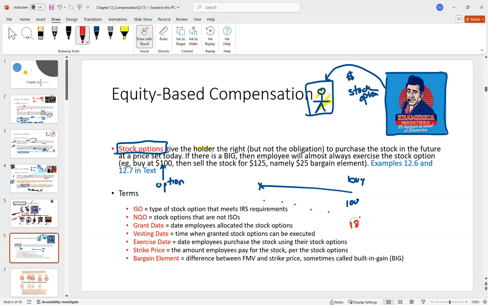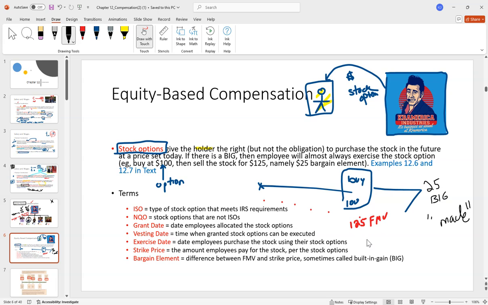But let's say right now that stock is trading on the open market at 125. Well, you can buy it for 100, sell it for 125. It has a built-in gain of 25. That's kind of the idea of what you made or could make on the stock.